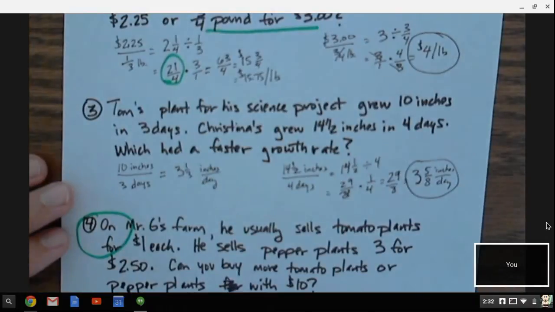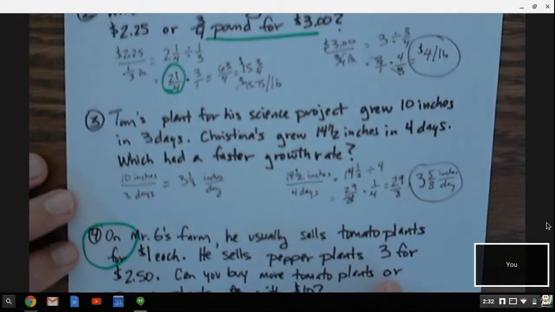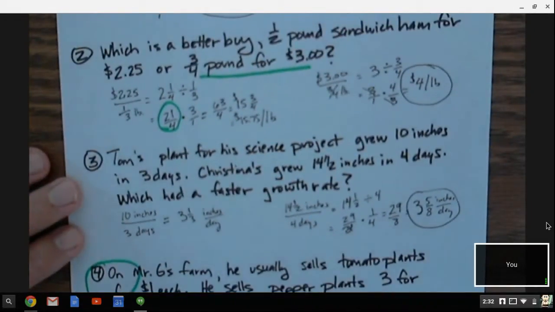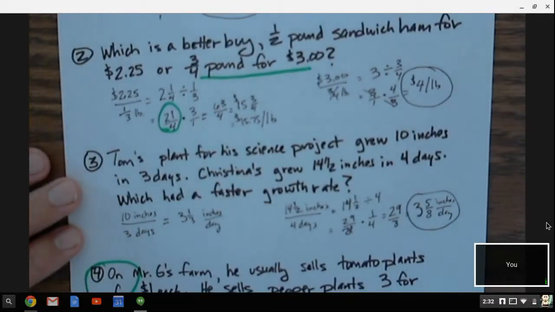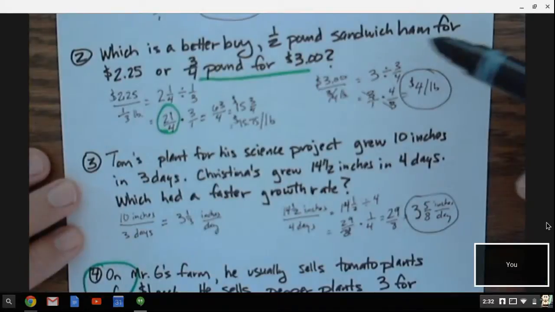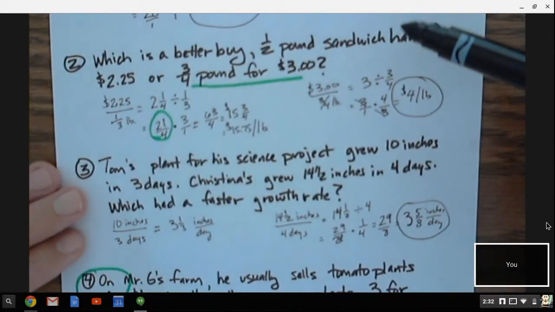But let's look and talk about what it is we were trying to measure and assess on this quiz. The number one objective that we're trying to assess with this quiz is the ability to compute and compare unit rates.